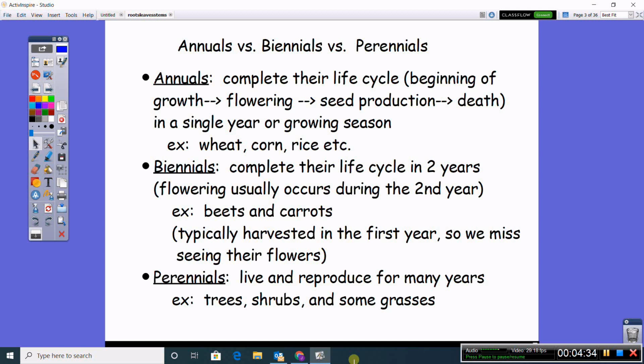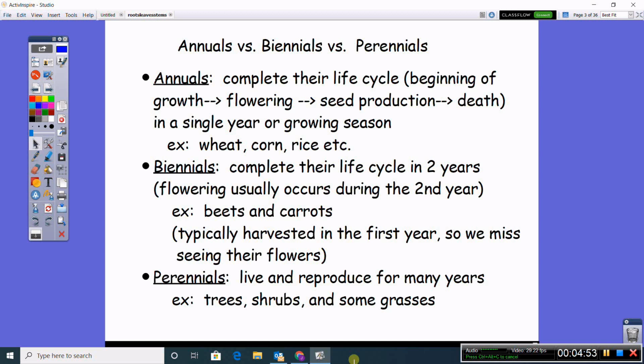Okay, if you're familiar with the Masters golf tournament, the azaleas are usually out by the time that tournament starts. They come back year after year. Some of your trees and bushes that are blooming right now, those are perennials. It's not something you have to plant every year.